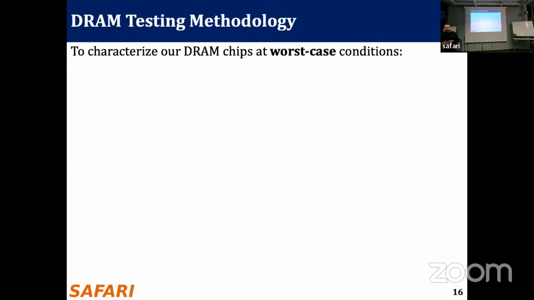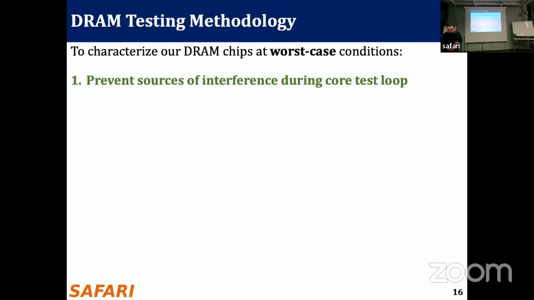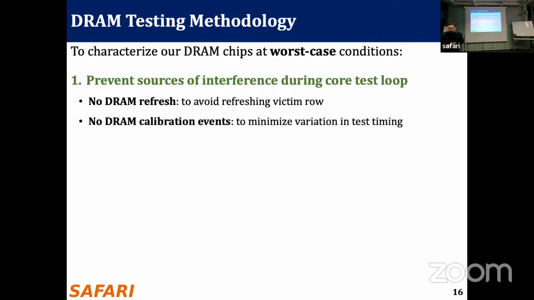To characterize our DRAM chips for the worst-case conditions as best we can, we prevent sources of interference during the core test loop. To do so, we disable DRAM refresh operations so that we avoid refreshing the victim rows, and we disable DRAM calibration events so that there is less variation in the test timing.